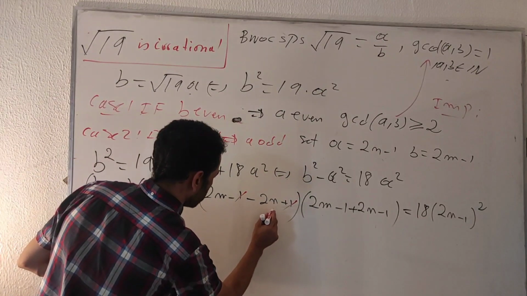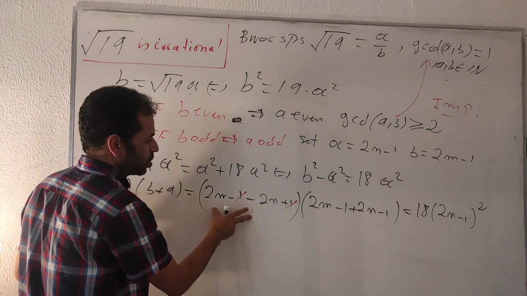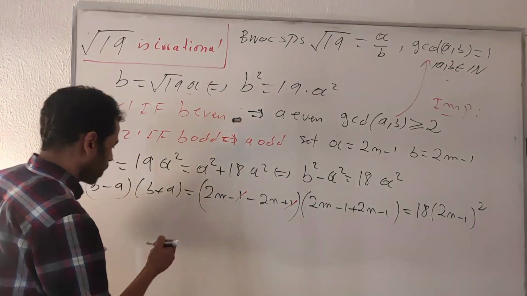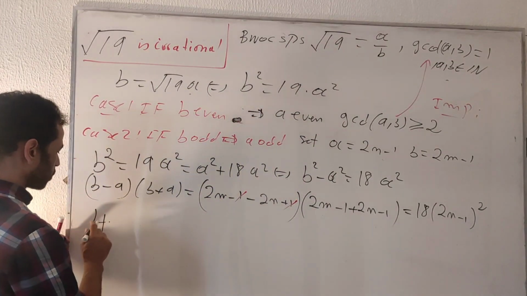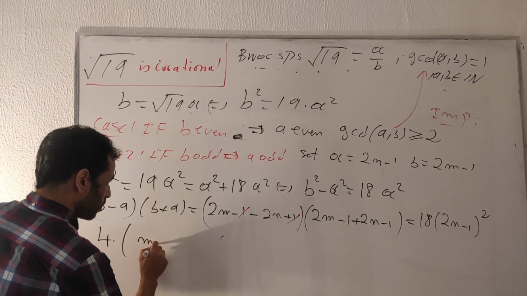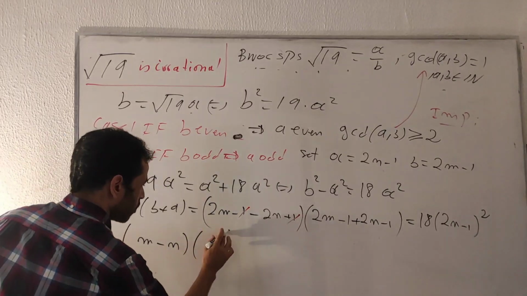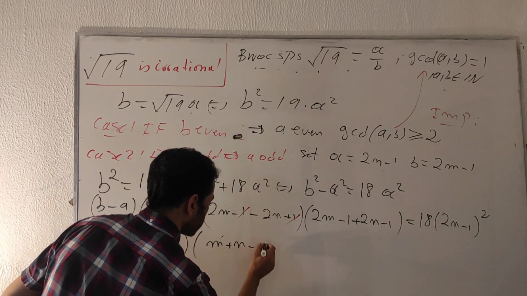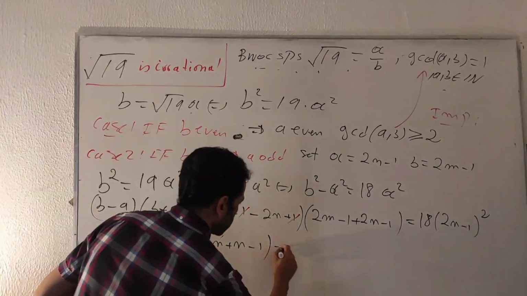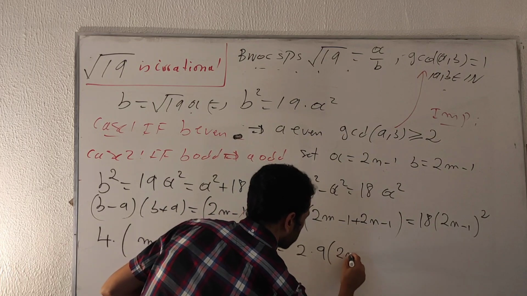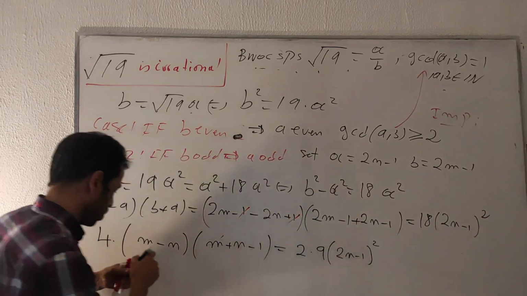Here, take 2 out of these terms and 2 out of this one to make 4 a common multiplier. So I get 4 factor m minus n factor, this one will have m plus n minus 1, equals 2 multiplied by 9 factor 2n minus 1 quantity square.